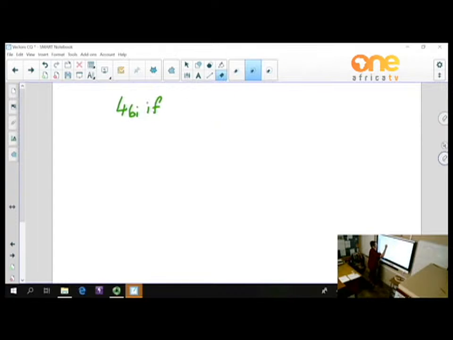Let's write that one again. A dot B is equal to 0. That's what I need to find. What is A dot B? II plus JJ plus KK. So in this case, it will be 5 times negative 5 plus 4 times 4 plus 3 times 3.